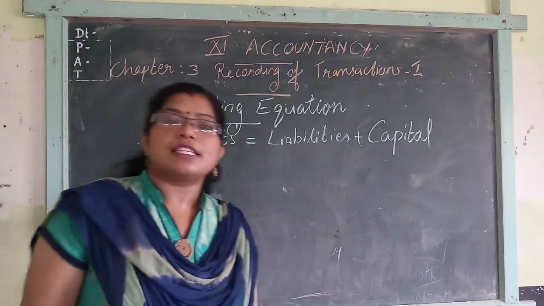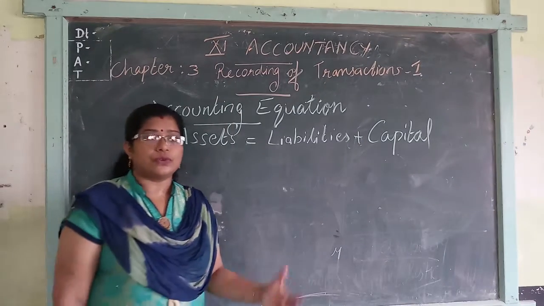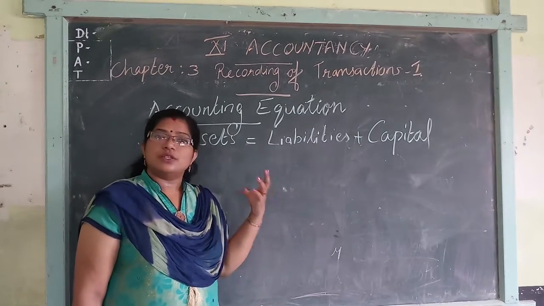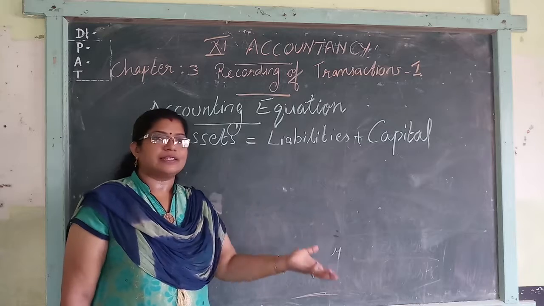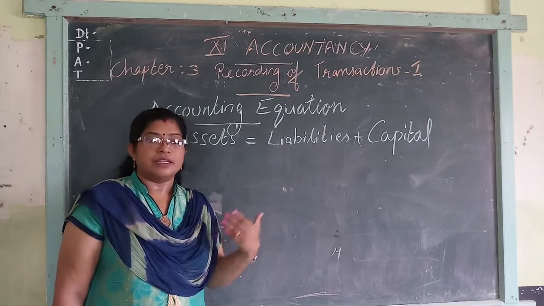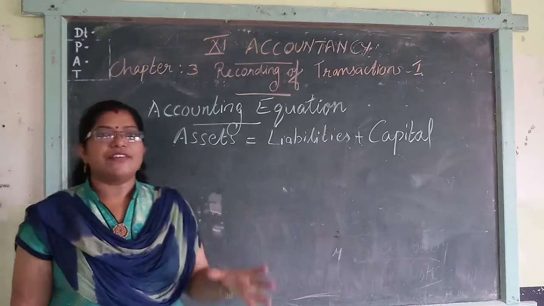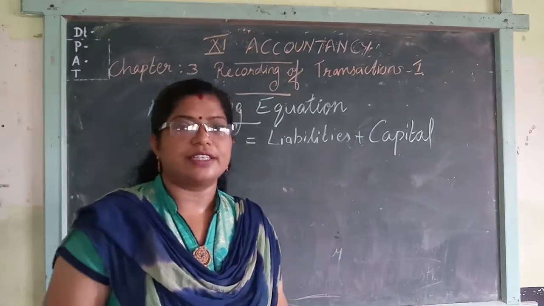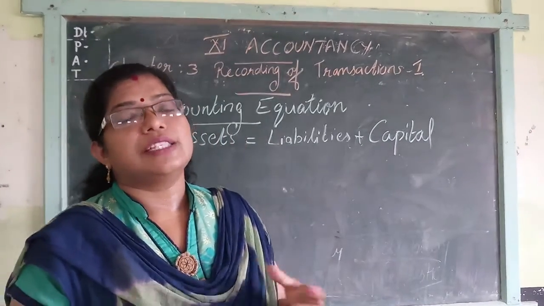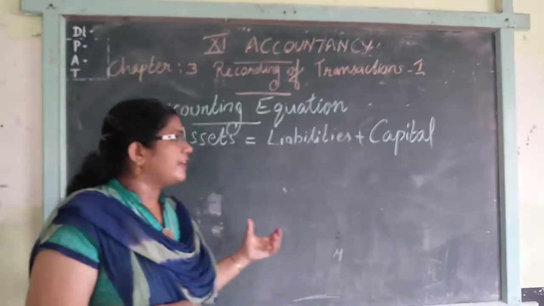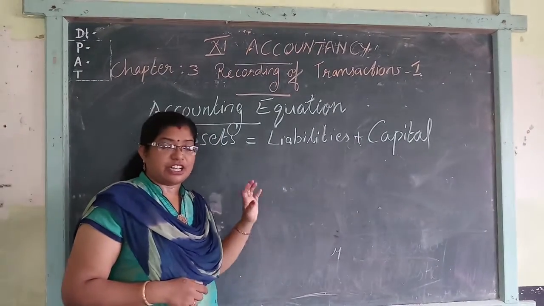Every transaction has a two-fold effect: one giving aspect and one taking aspect. That is a debit aspect and a credit aspect. Each and every transaction has a two-fold effect, debit as well as credit, and that way we classify these transactions.